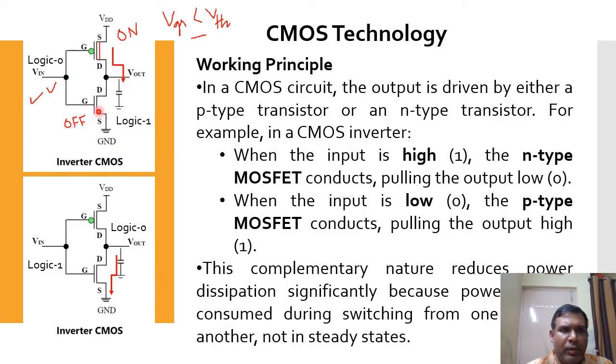Okay, so that's why when the input voltage is 0, the p-type MOSFET will create an inversion layer, or inversion state, or it will form a conduction layer between the source and drain terminals. Whereas in the N-type MOSFET, there is no formation of an inversion layer with the same condition, when the gate-to-source voltage is less than the threshold voltage of the MOSFET. So as a result, what will happen?